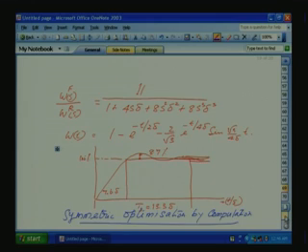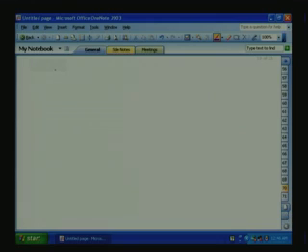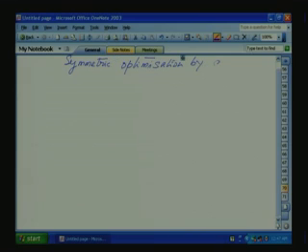Let us go to the next one, symmetric optimization by graphical methods.